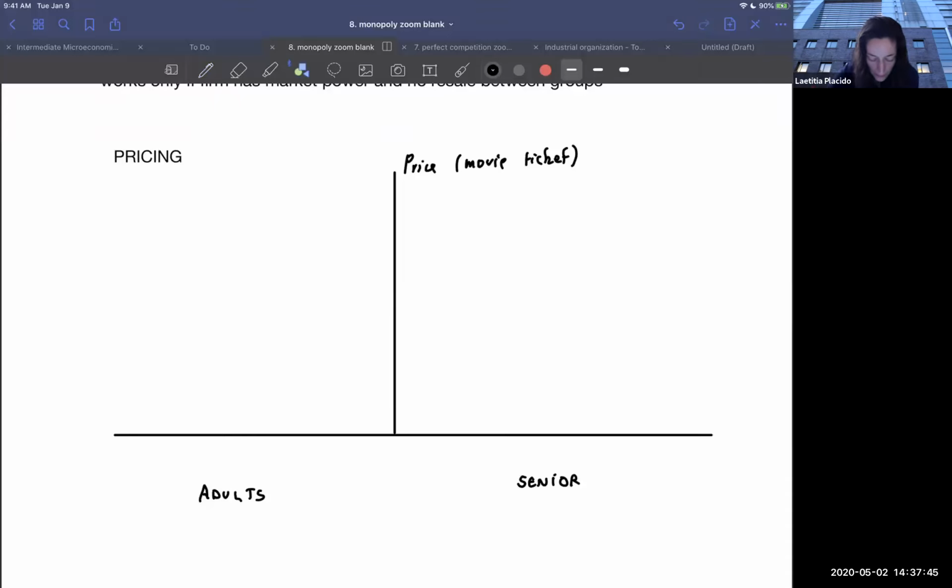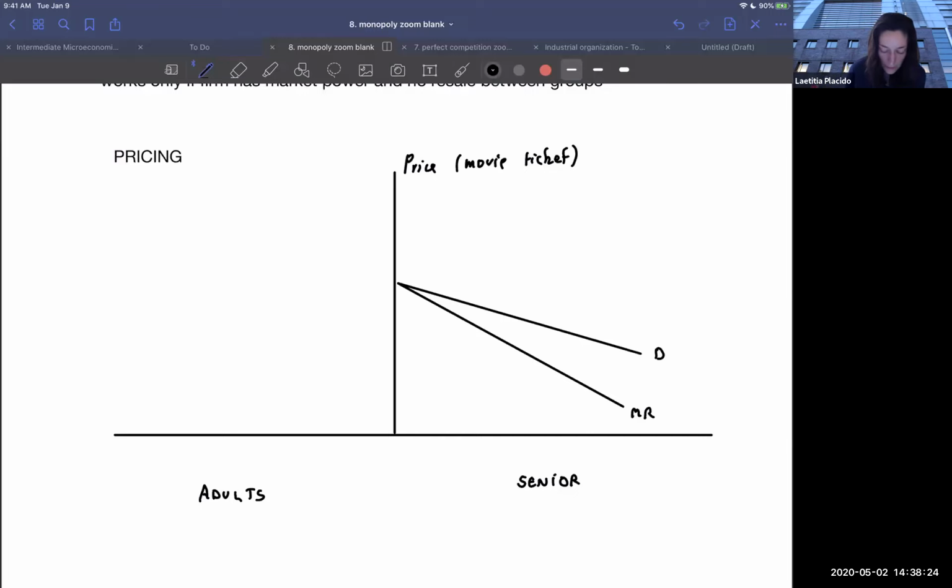So the seniors are less willing to pay to go to the movies. So that's my demand curve and that's the marginal revenue curve. Okay, so they are less willing to pay to go to the movies and they are more sensitive to the price of tickets. Okay, that's why I've drawn a relatively flat demand curve.